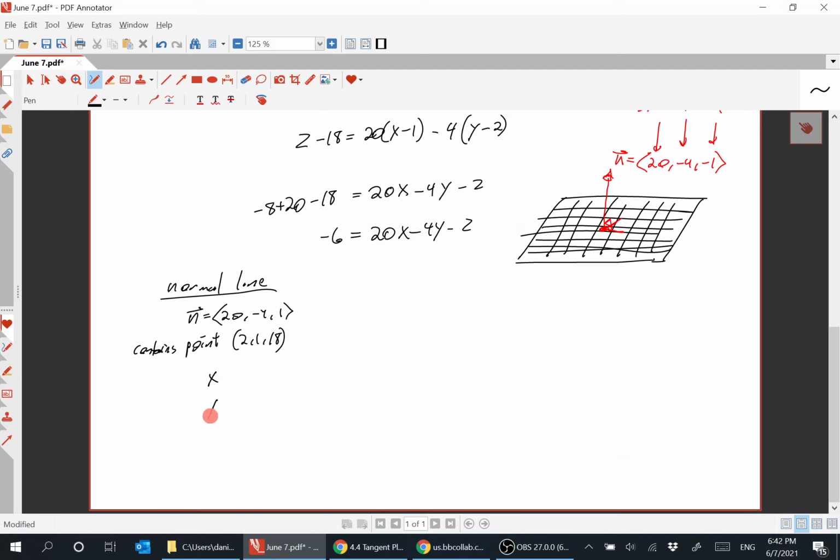So you have x, y, z equal to 2, 1, 18 plus t times 20, minus 4, 1. Okay? So the tangent plane automatically gives you that normal line, because the normal vector for the plane is just cooked into the equation of the tangent plane.